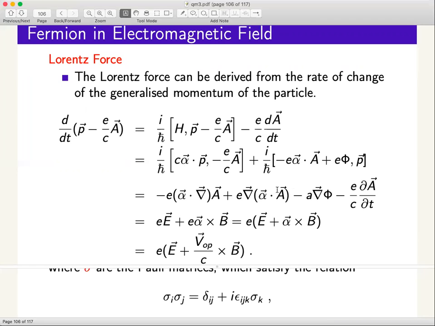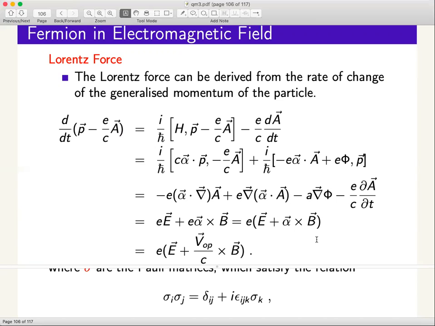Similarly, here you would get an alpha dot A piece with a del acting on it, but only when you look at the second term in the commutator, that means when the p is on the left and this operator is on the right. That's why you get flipped signs here. This should have been E. There are too many errors actually. And this is the term that I should have written as a partial derivative, which continues out here.